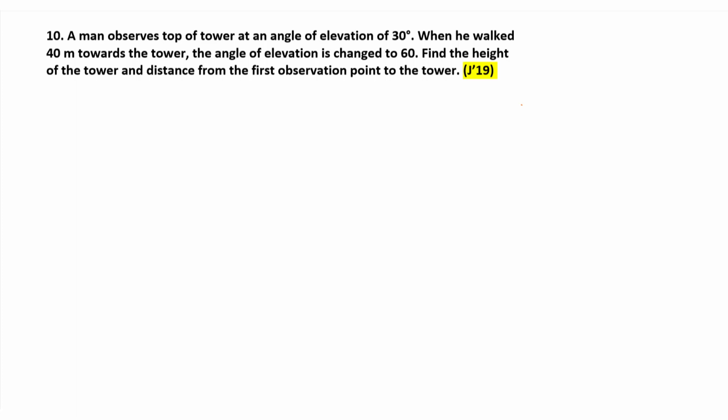So that is, we observe that there is a tower. Let that tower be AB. A man standing at some point is observing the top of the tower at an angle of elevation of 30 degree.